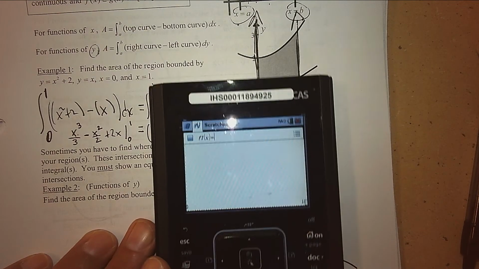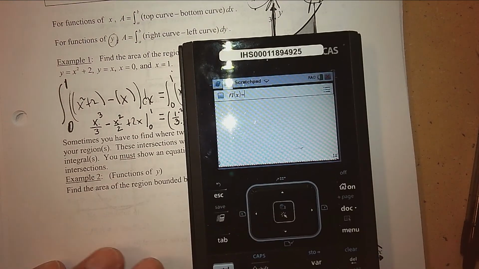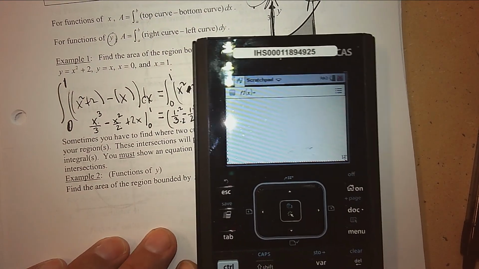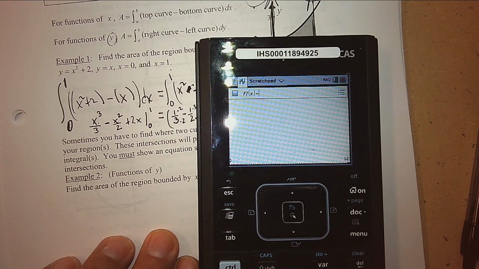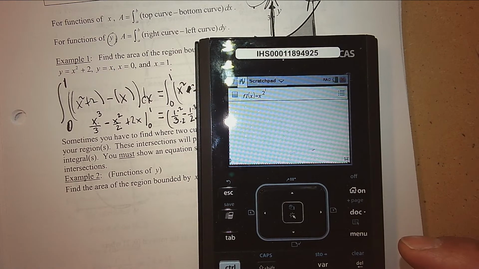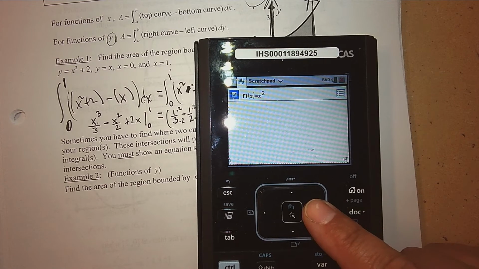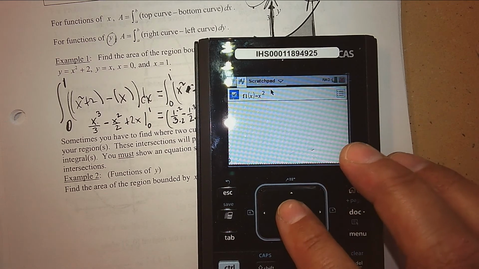Okay, we're going to do this by graphing. So, I want you to get to the graph. What we're going to type in is x squared, plus 2 minus x.